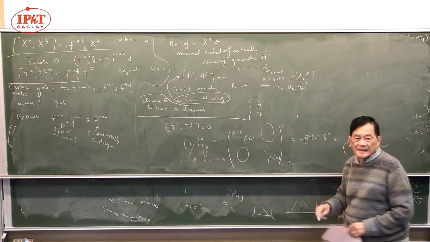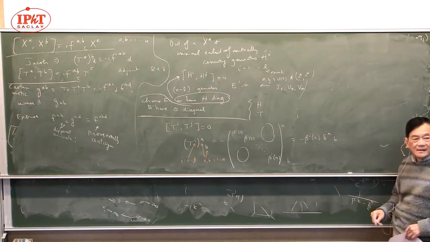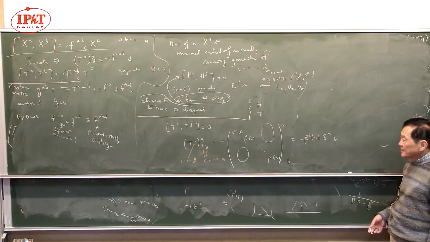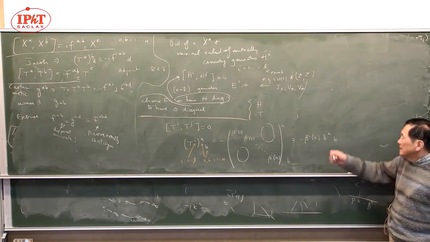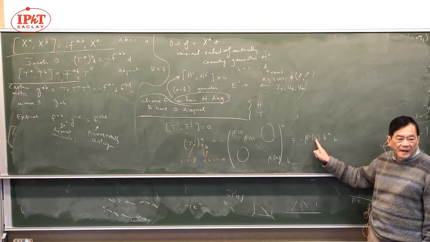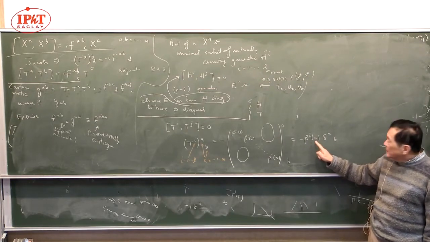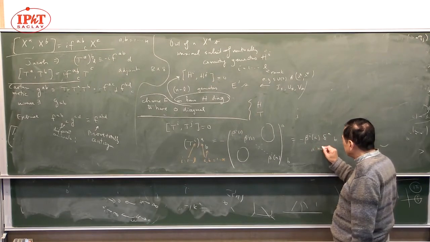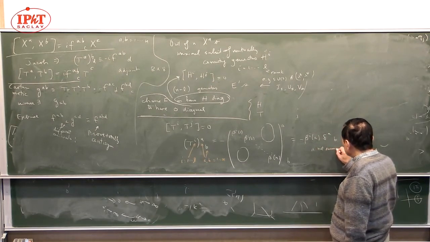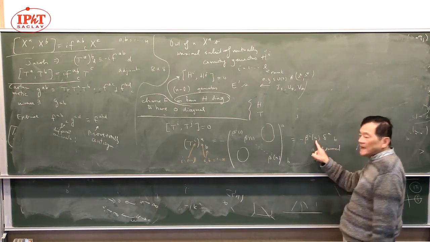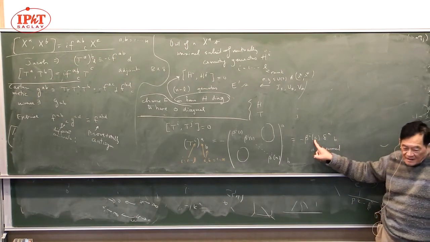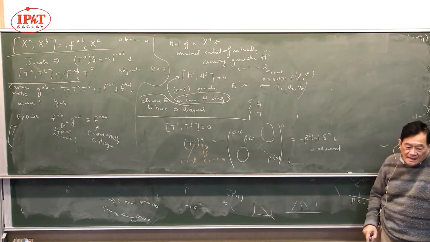Notice that I very carefully do not write the A as an index, to emphasize that it's not summed. A is not summed. Beta IA is just a bunch of numbers that depends on A, but A is not an index.